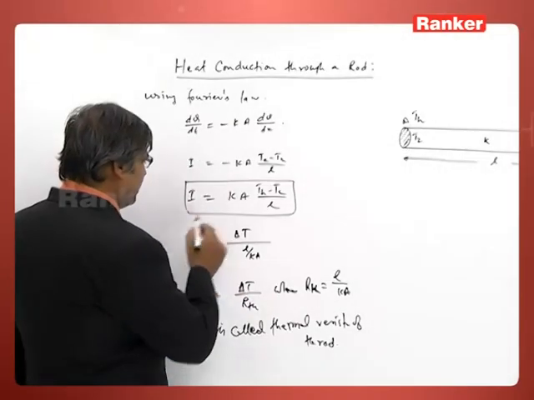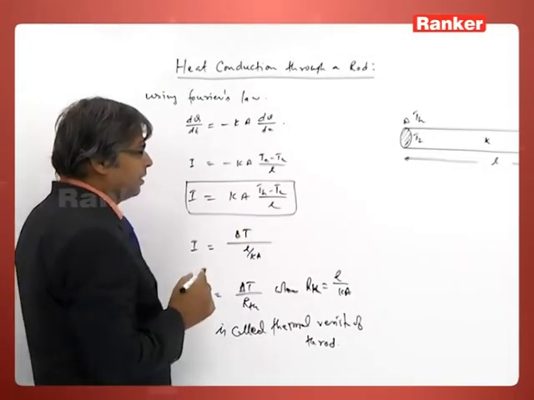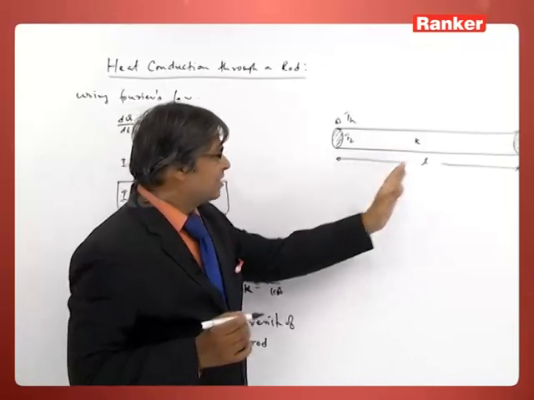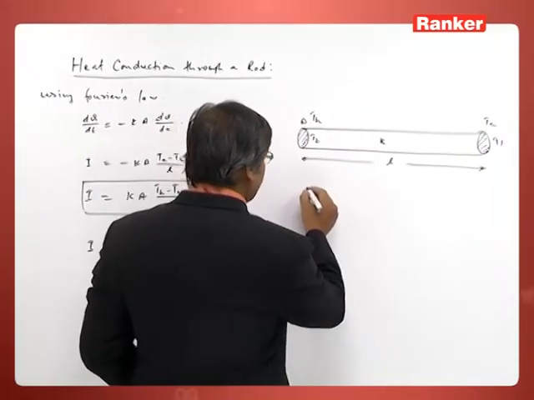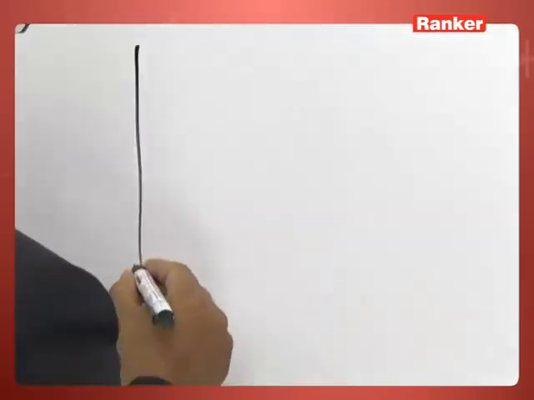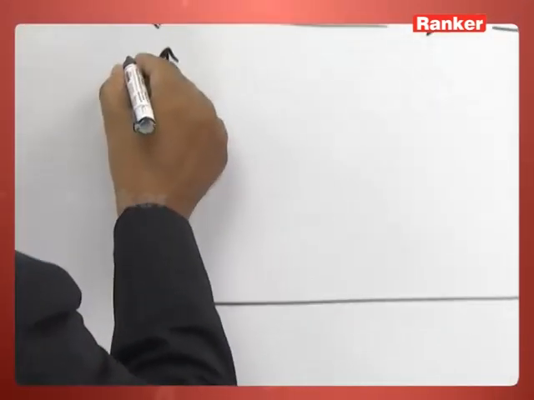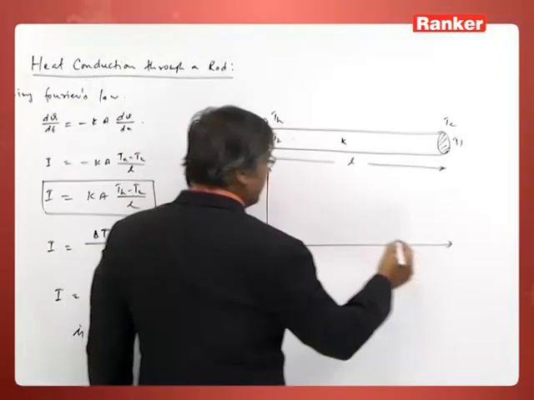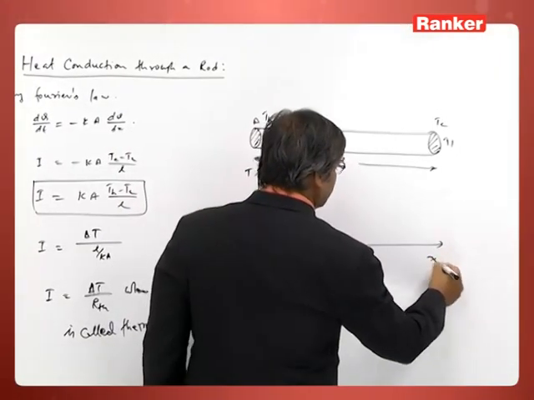So, you see here the temperature is higher. If I plot a graph of the variation of temperature, here the temperature T is plotted and here x.